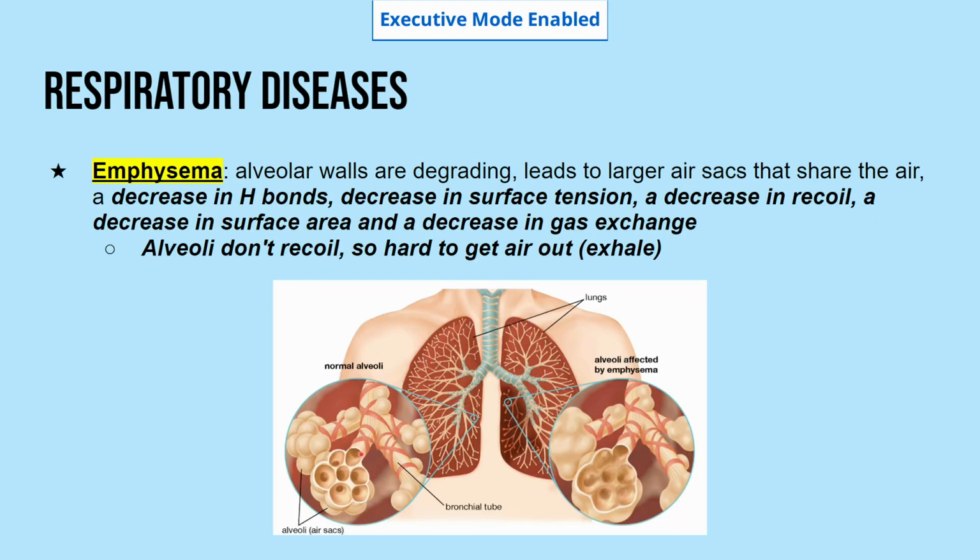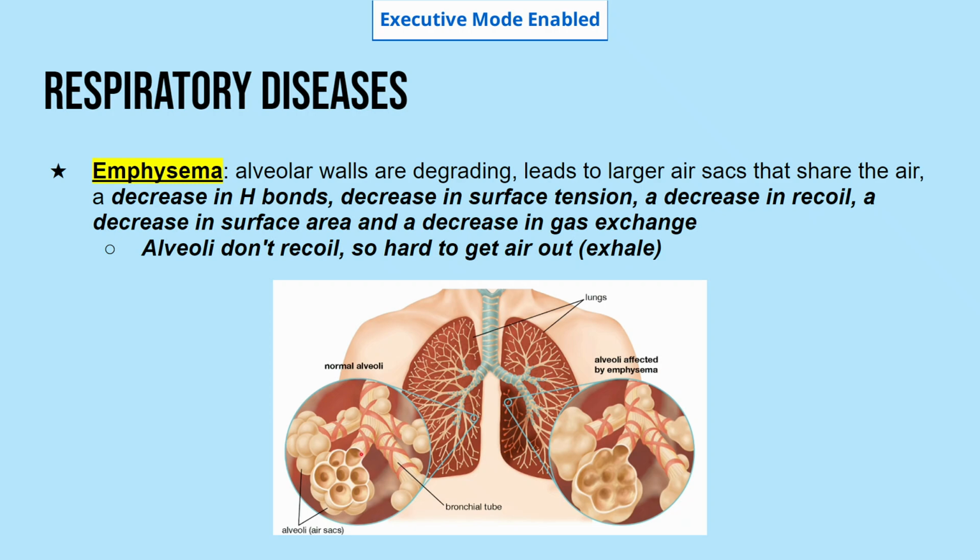I know you guys touch on a bunch of respiratory diseases in this chapter, but here, this one directly relates. So emphysema is when the alveolar walls are degrading, which leads to larger air sacs that share the air. So that basically leads to a decrease in hydrogen bonding, a decrease in surface tension, and a decrease in recoil.